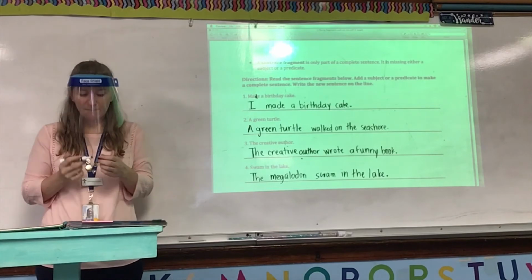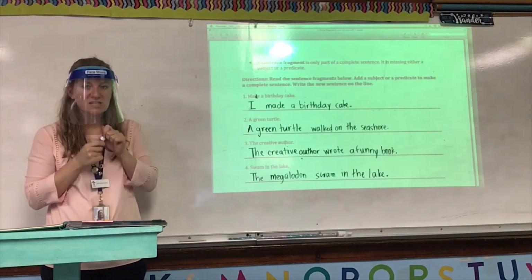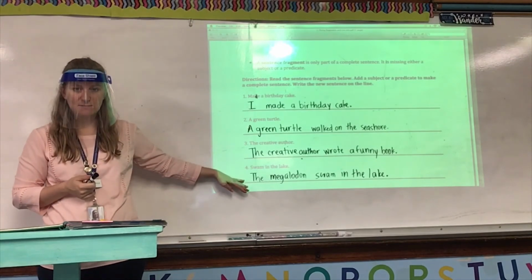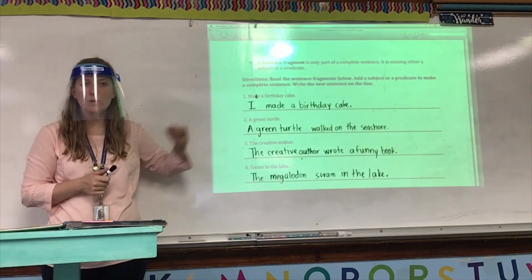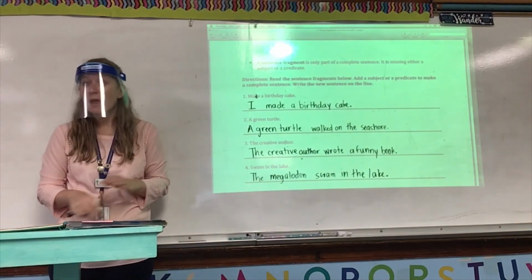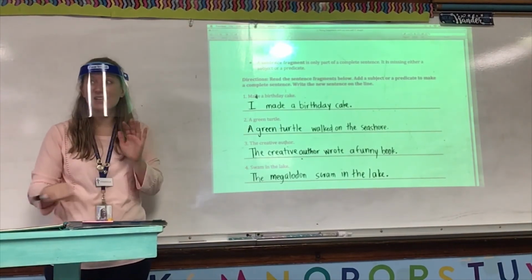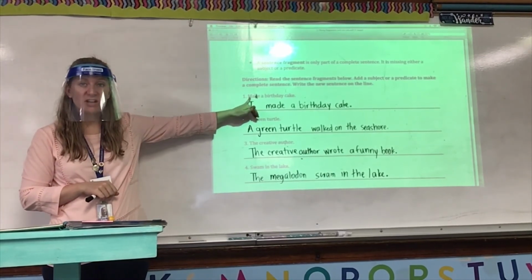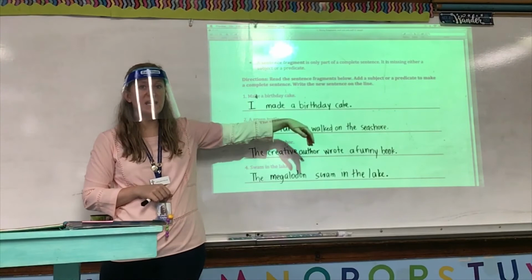Very good. So when you get to your independent practice, you're going to have a whole page where you're doing this. You're adding a subject or you're adding a predicate. When you are copying the parts that they give you, make sure you copy them exactly as they appear. Unless you're adding a subject, then you will lowercase the first letter of the predicate.